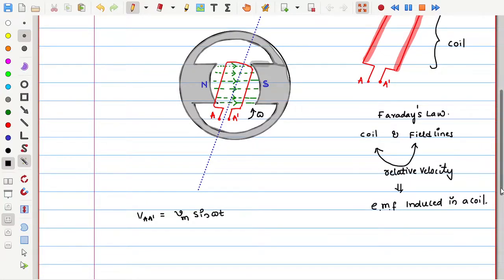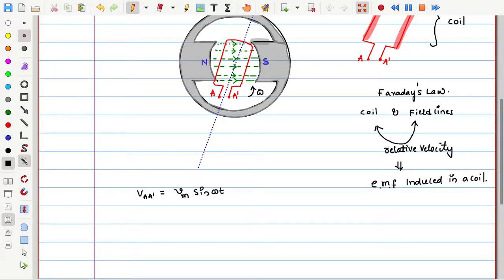This voltage induced between A and A dash, we represent this entire system simply as one source symbol, like this. Behind this source is a coil rotating inside the magnetic field at an angular velocity of omega in the anti-clockwise direction.